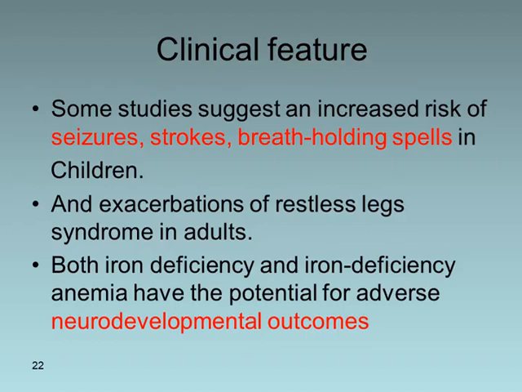Some studies suggest that there is an increased risk of seizures, strokes, and breath-holding attacks in children with iron deficiency anemia, and exacerbation of restless leg syndrome in adults. Both iron deficiency and iron deficiency anemia have the potential for adverse neurodevelopmental outcome.